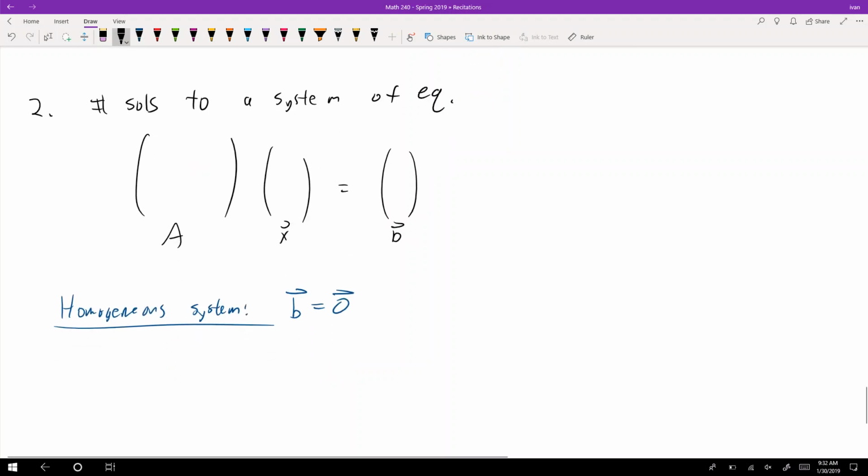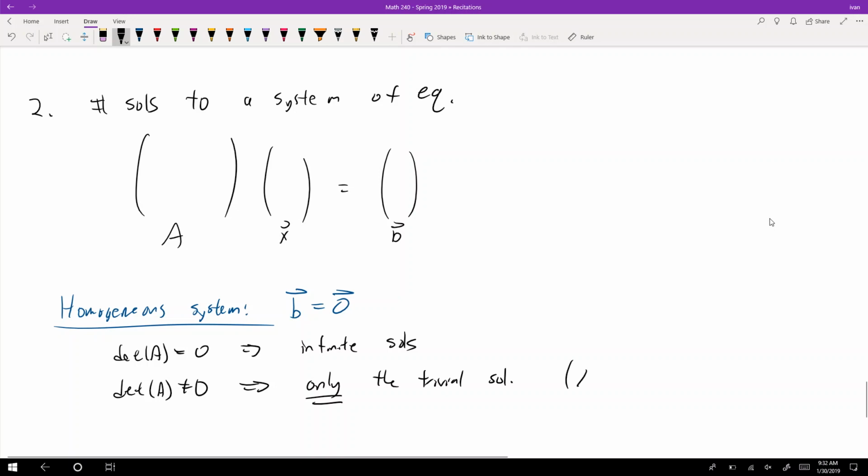In this case, if the determinant of A is 0, then AX equals 0 has infinite solutions. If the determinant of A is non-zero, then there's only the trivial solution.